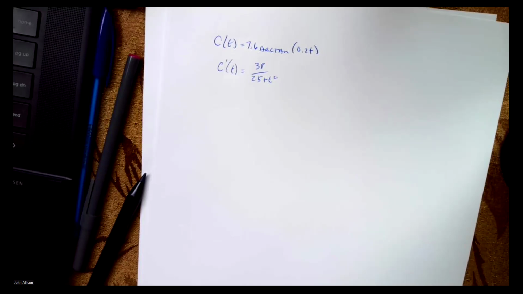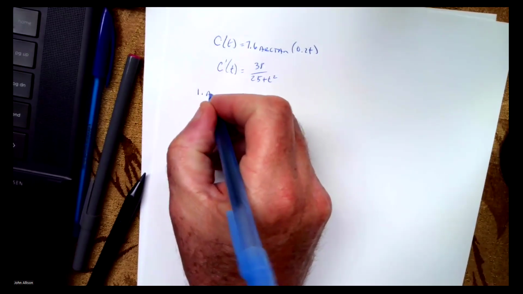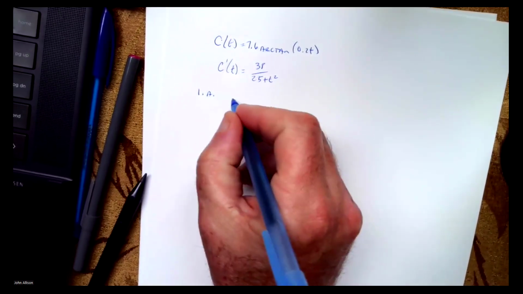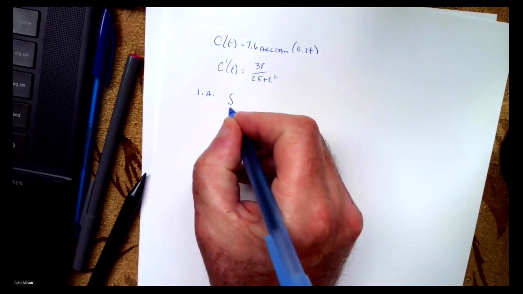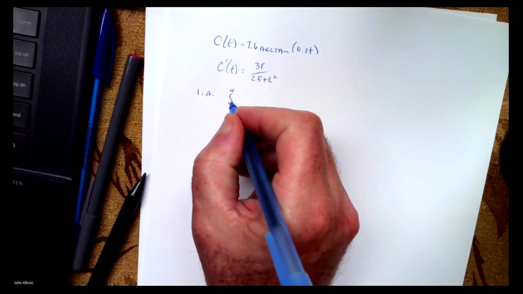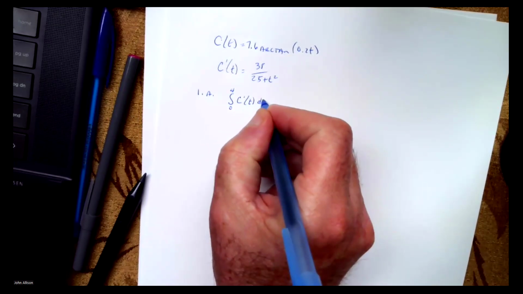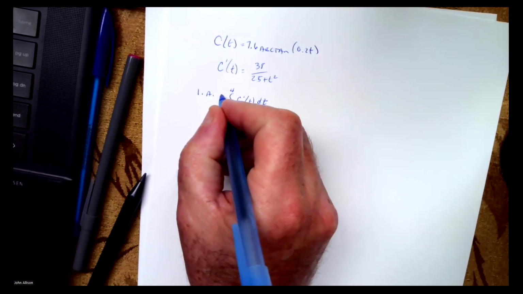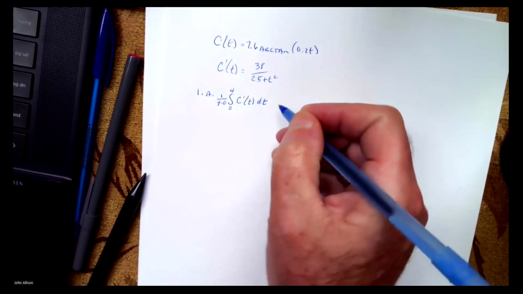number of acres has an average value, and that means, let's do 1a, the average value can be given by the integral from 0 to 4 of c prime of t dt, and then divided by the length of the interval.